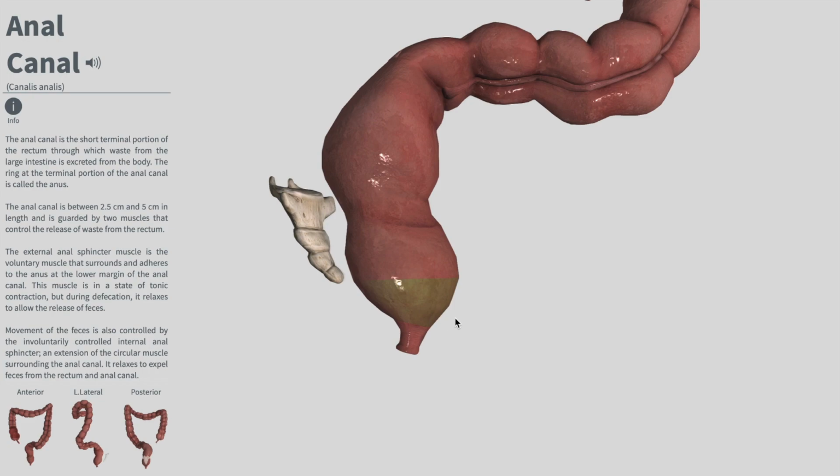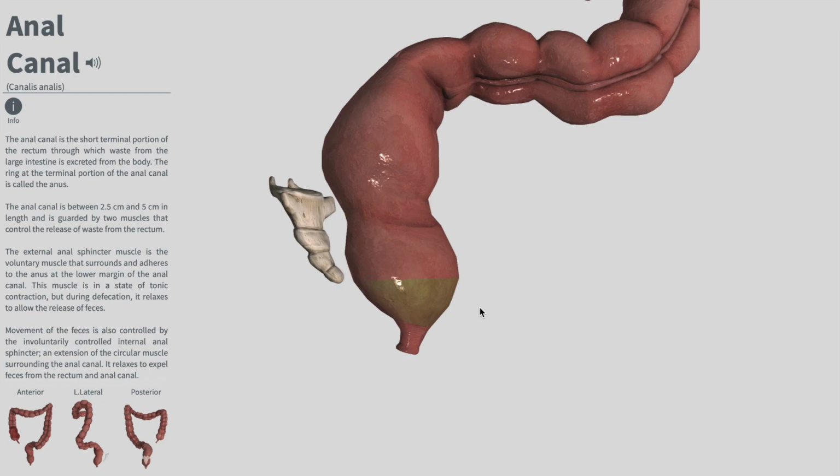The next thing we're going to talk about is the anal sphincter. Remember, except during defecation, the anal canal is collapsed by the internal and external anal sphincters to prevent the passage of fecal material.